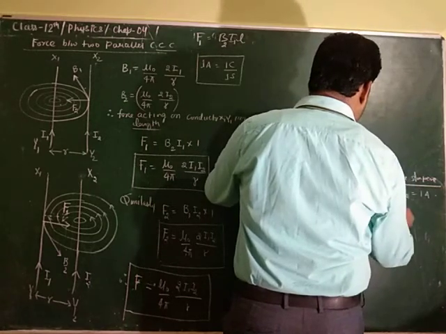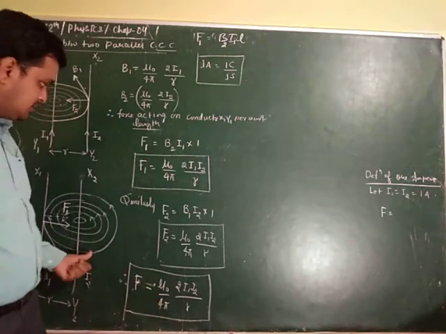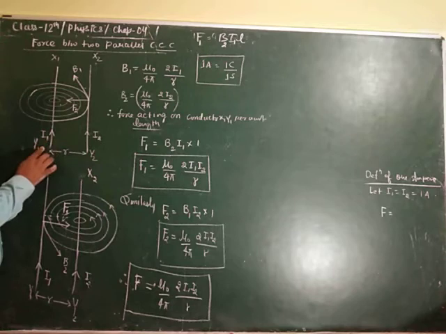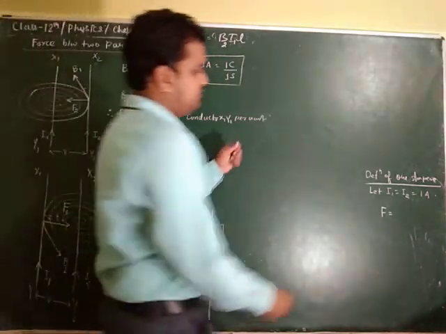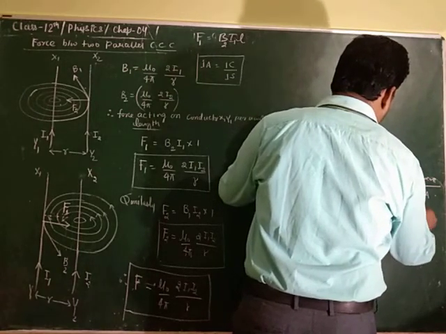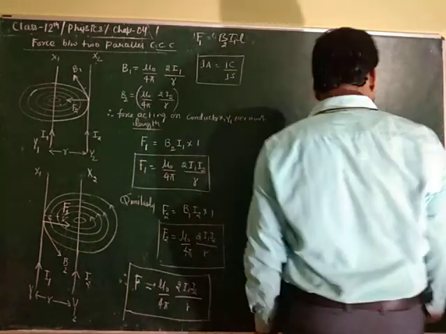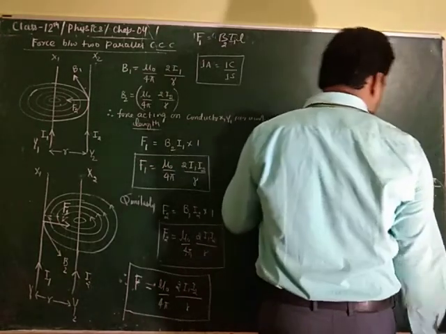Then what will be the force between the two conductors? If both conductors carry a current of 1 ampere each, then F is going to be mu naught by 4 pi into 2 divided by R. So let R also be 1 meter. Both conductors are kept at 1 meter.